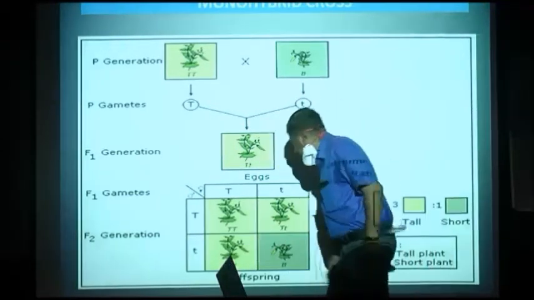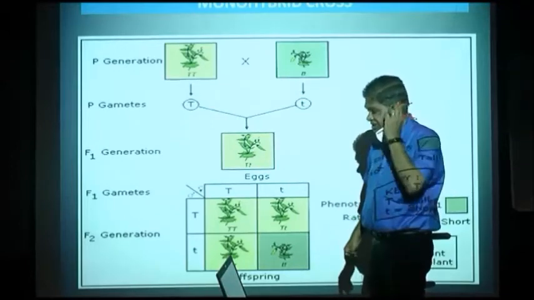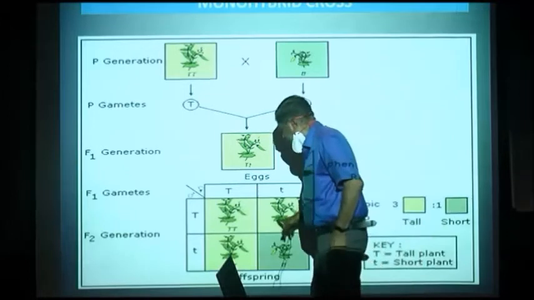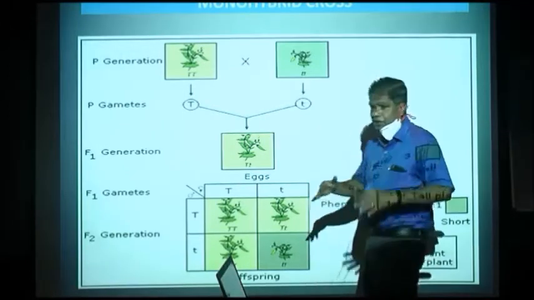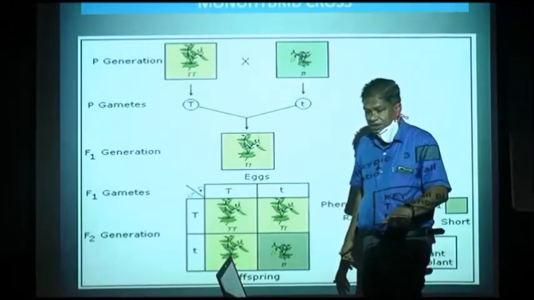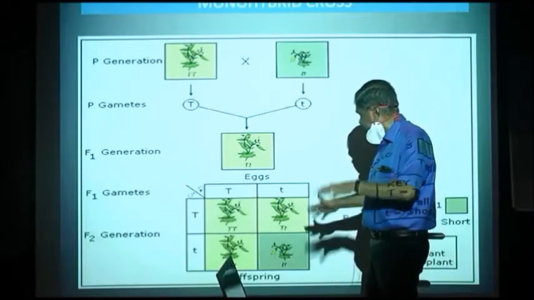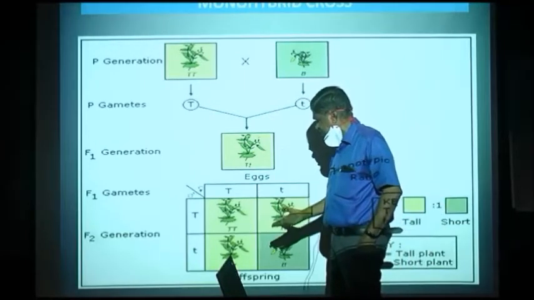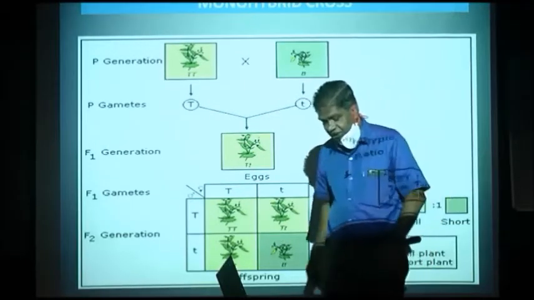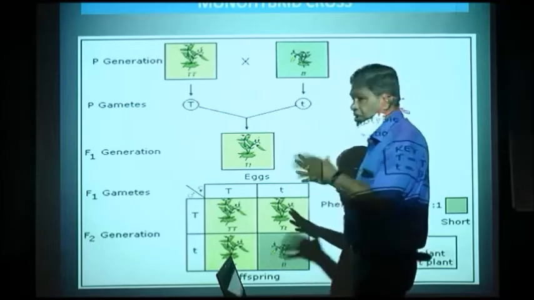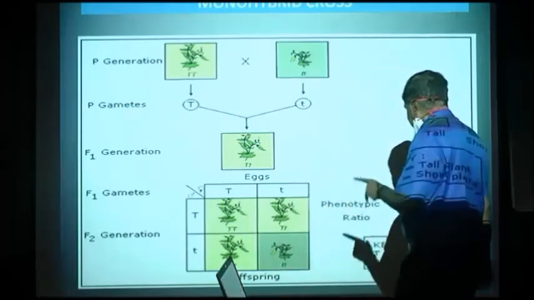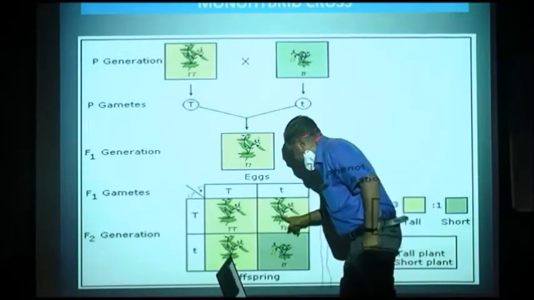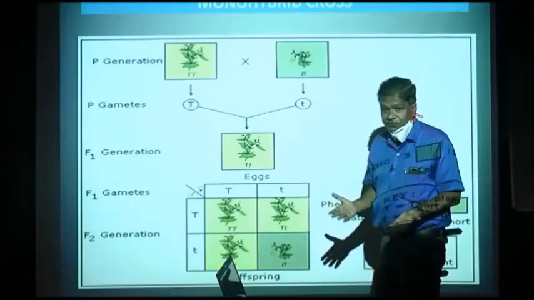Whereas these two are tall not because both the genes are dominant or recessive, but because there is a dominant gene and a recessive gene, and the dominant gene is suppressing the effect of the recessive gene, or the dominant gene is expressing itself in the presence of the recessive gene. This is the concept of Mendelian cross. Now here 3:1 is the phenotypic ratio.